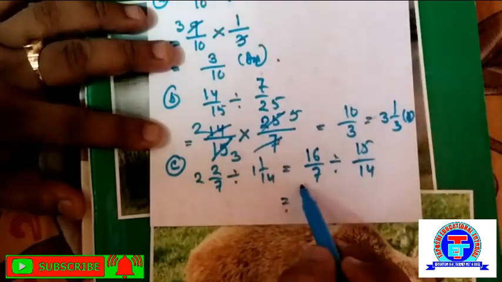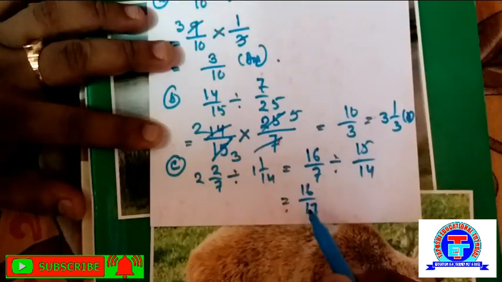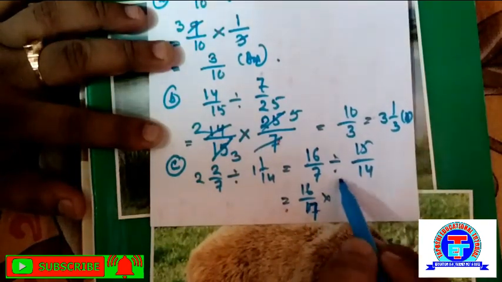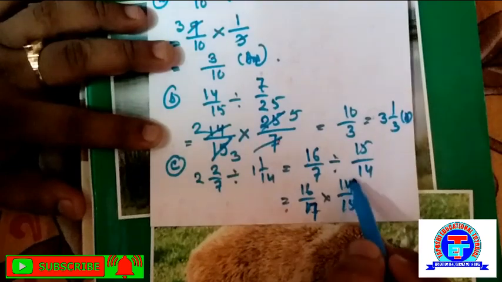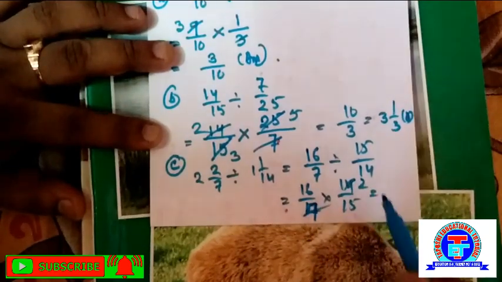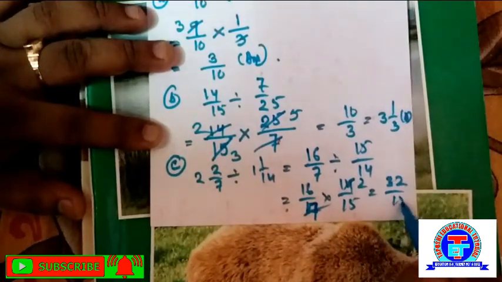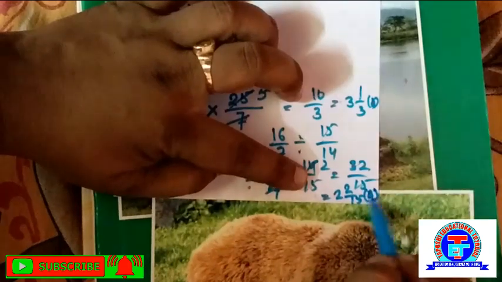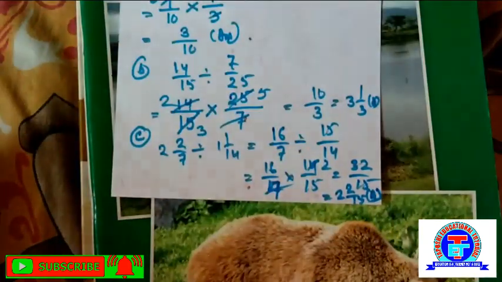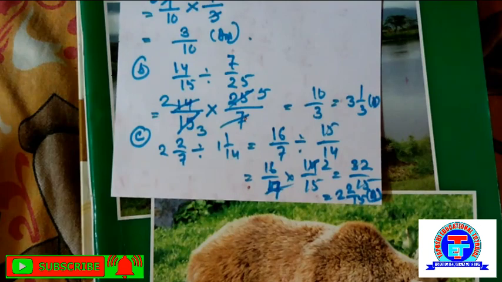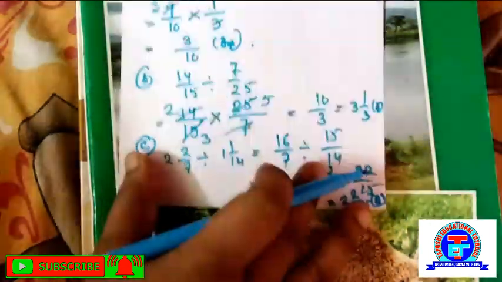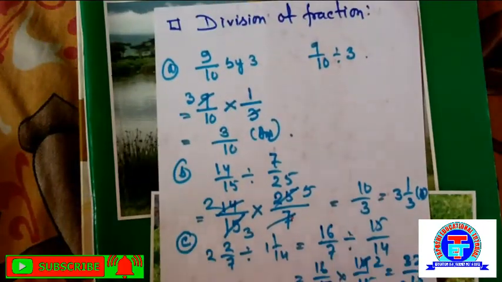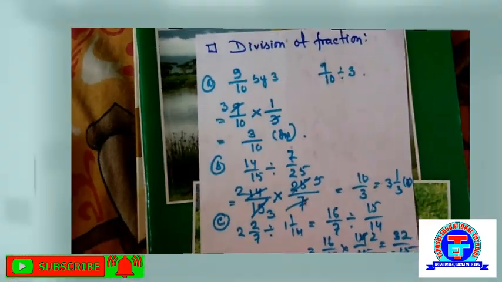Now we write here 16 by 7 into 14 by 15, okay. This one became 2, this one, that means 32 by 15. It will become convert to the 2 whole 2 by 15 is the answer of the division of given fraction, right? I hope you clearly understand the division of fraction, right student?